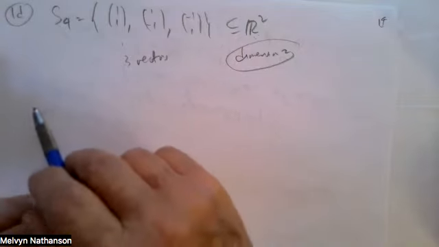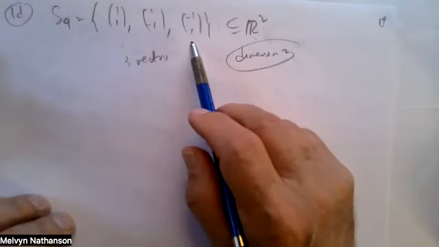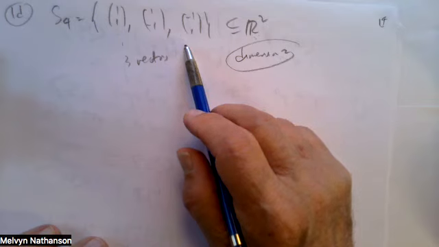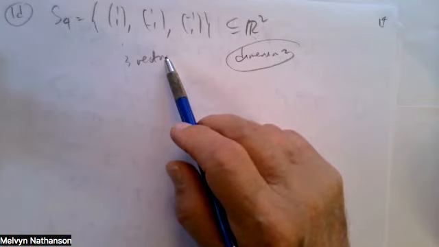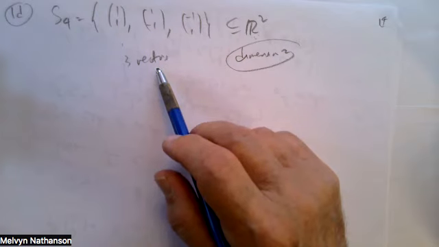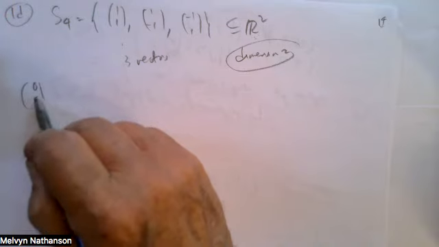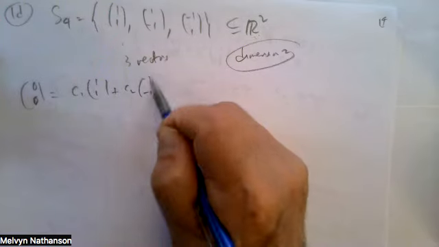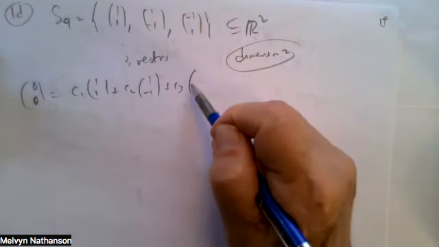I know that even from the start, but if I want to show that exactly, I need to show there's a linear combination of these vectors which gives 0. Now, I could think up one pretty easily, or I can do it in a more systematic way. Suppose the 0 vector is some C1 (1, 1) plus C2 (1, -1) plus C3 (-1, 1).